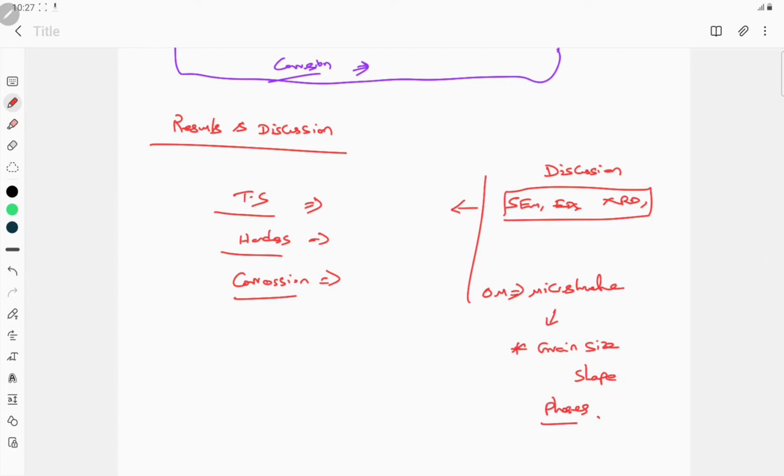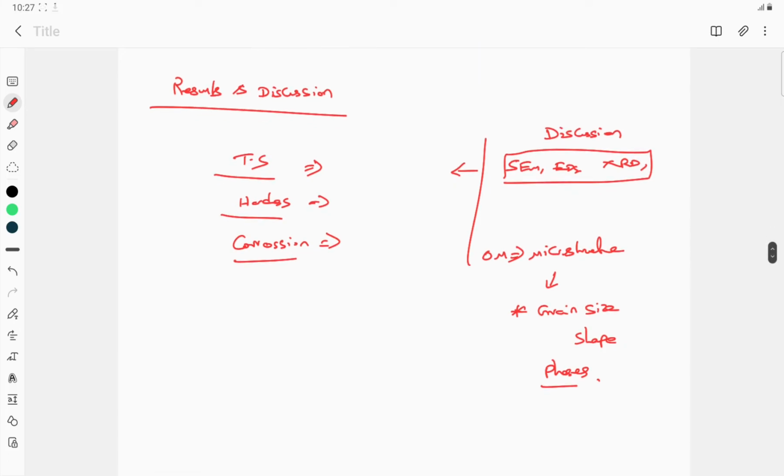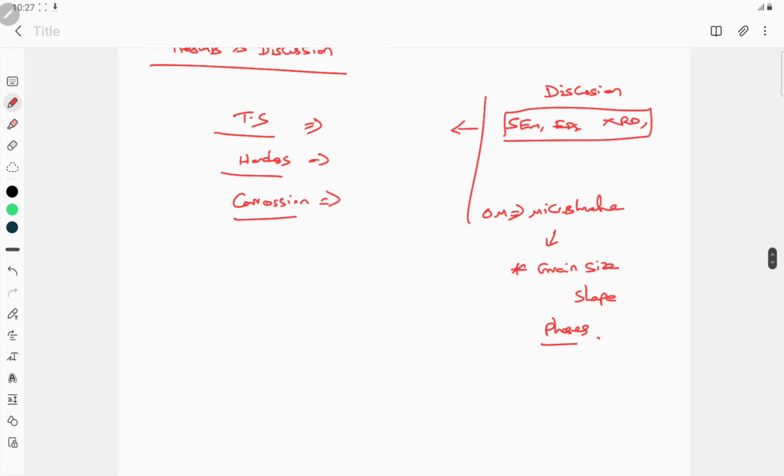So these information we can get through the optical microscope microstructure. The same information will be obtained from SEM analysis also, but at a higher resolution. Okay, and higher magnification also. Same grain shape, grain size, what are the phases present. And with respect to EDS, energy dispersive spectroscopy, you get an idea about the chemical composition.